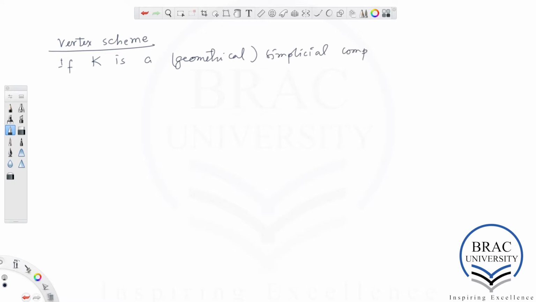Sometimes we just write simplicial complex without mentioning that it's geometrical. So if I don't write anything in front of simplicial complex, it is implied that it's a geometrical complex. And whenever we want to mean abstract simplicial complex, we write it as abstract simplicial complex.